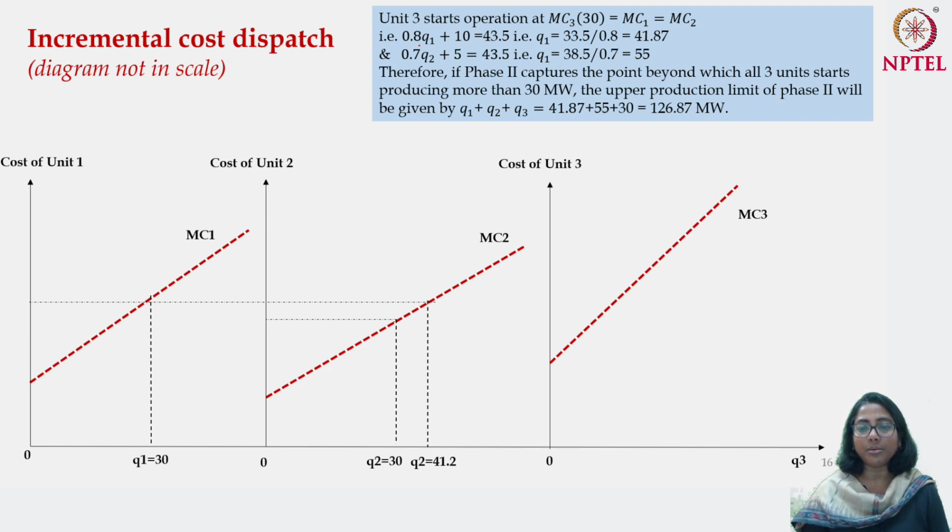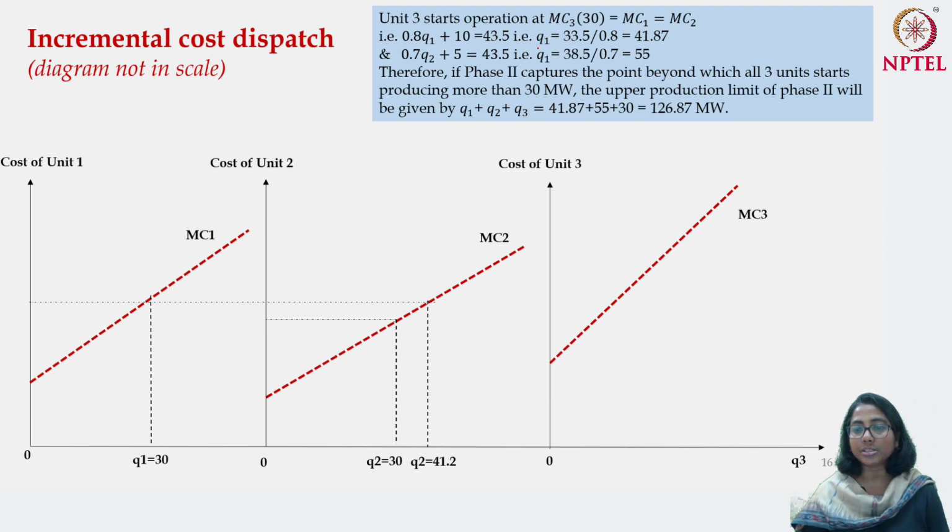So this is MC1, 0.8 Q1 plus 10, being equated with 43.5, which is the marginal cost of the third generating unit at quantity 30. Also, we are equating 0.7 Q2 plus 5, which is the marginal cost of the second unit, equal to 43.5, which is the marginal cost at the level of production 30.